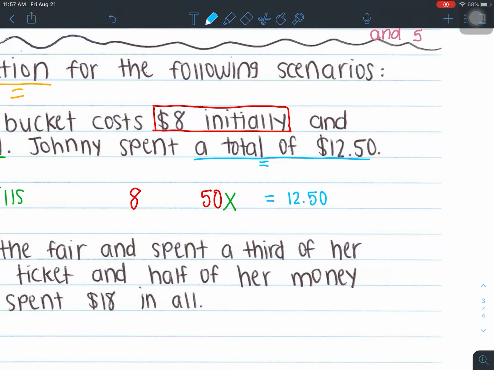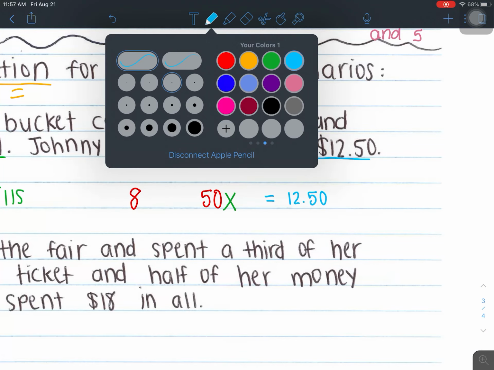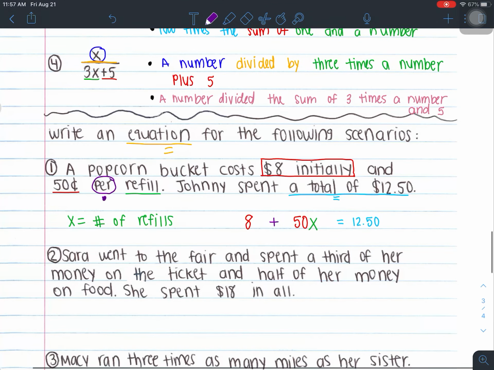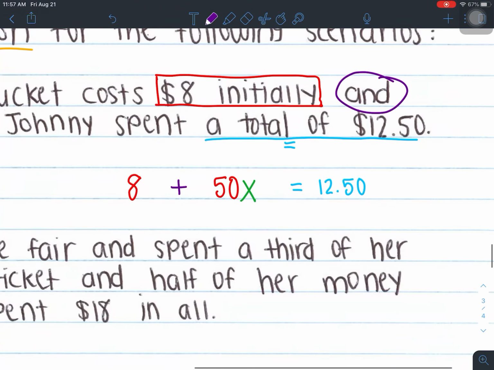So how do I end up with a total of $12.50 then? Well, every time I get more refills, I'm paying additional money. So I'm going to have to add these two totals together so I can get that total of $12.50. So $8 for the popcorn bucket and 50 cents per refill give me $12.50.